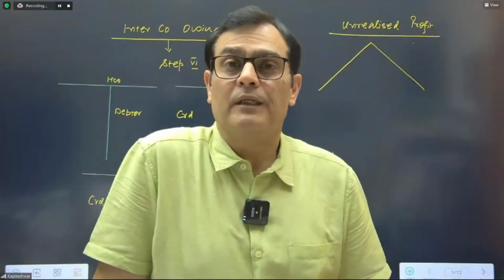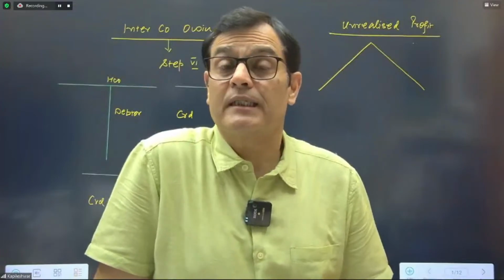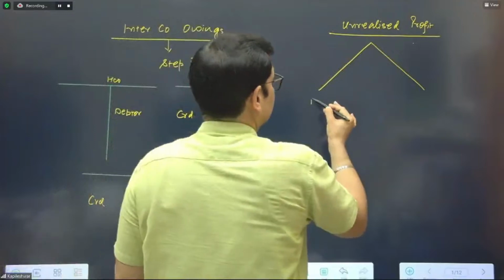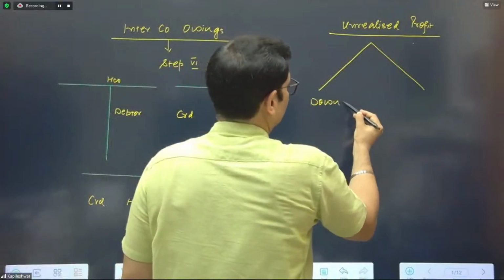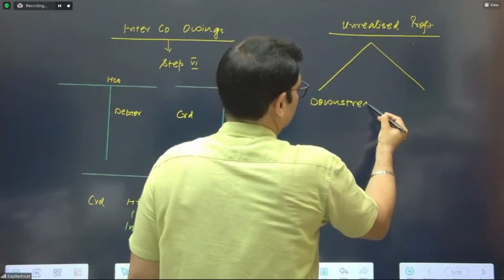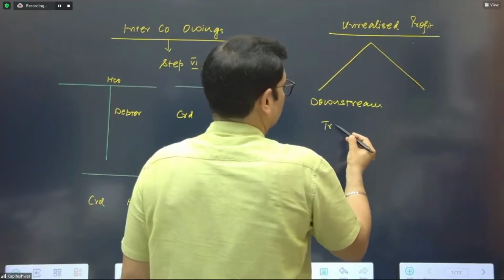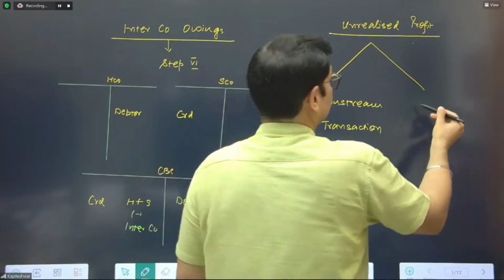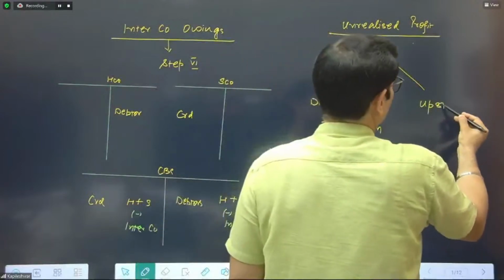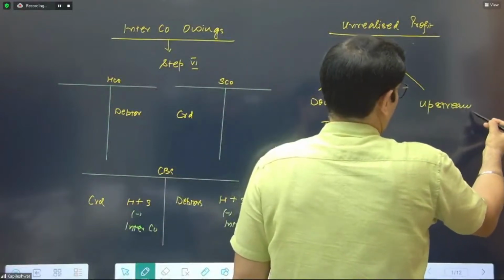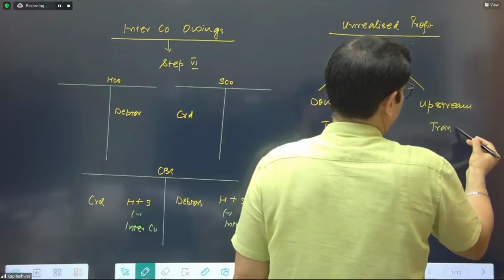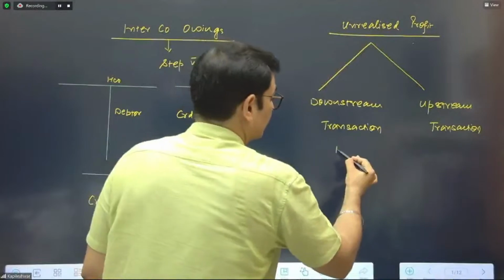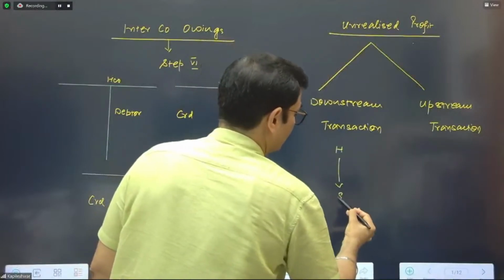Now, be careful. If there is a stock sale between the two companies, you need to identify whether it is a downstream transaction or an upstream transaction. When I say it is a downstream transaction, as the word indicates, there is a sale by holding to subsidiary.